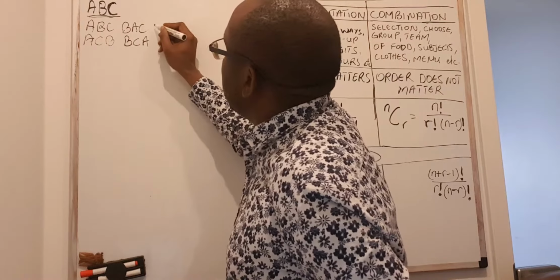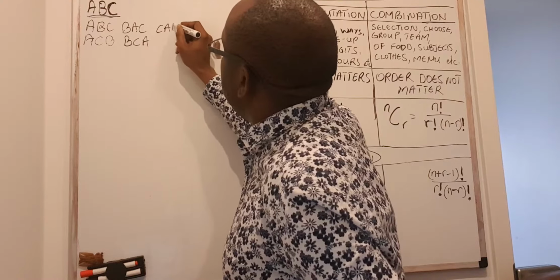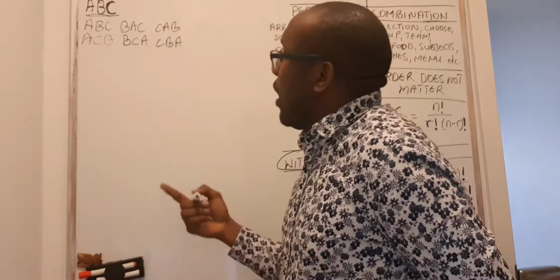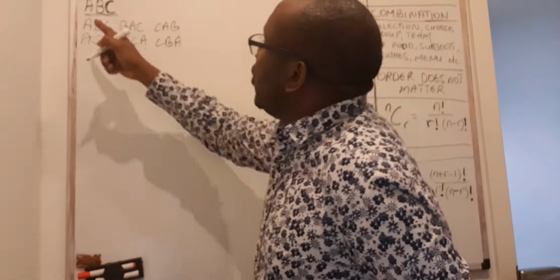I can do the same thing for C: C, A, B, and C, B, A. So now the count is 1, 2, 3, 4, 5, 6. So there are 6 different ways we can arrange A, B, C.